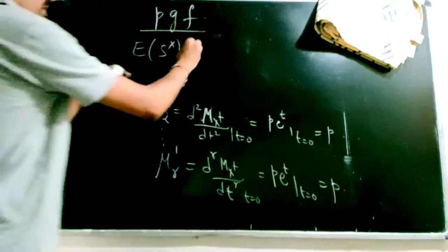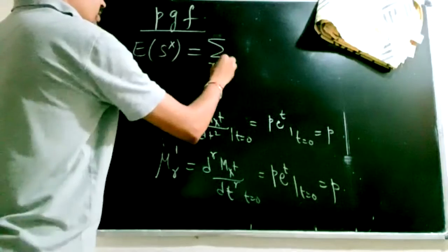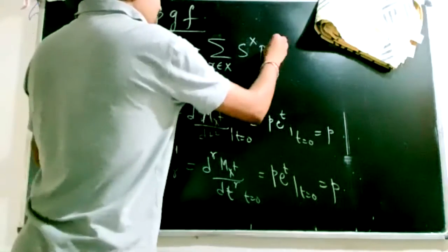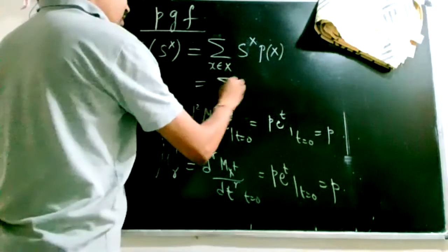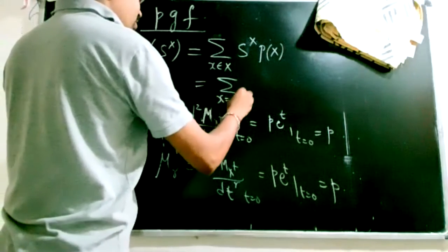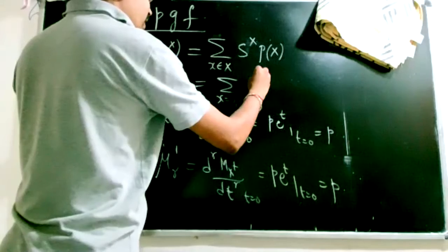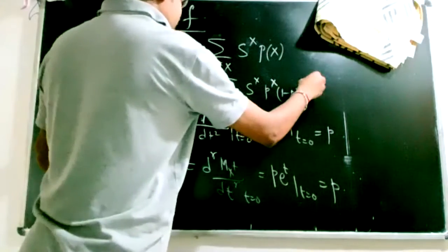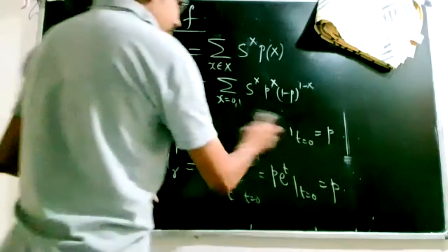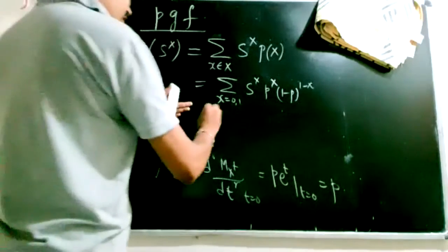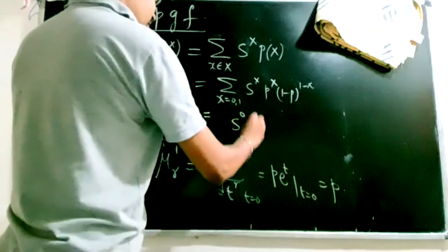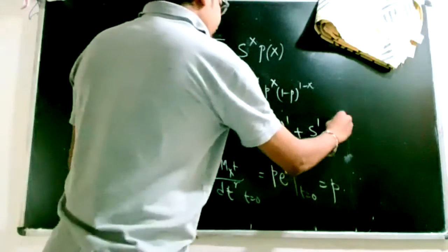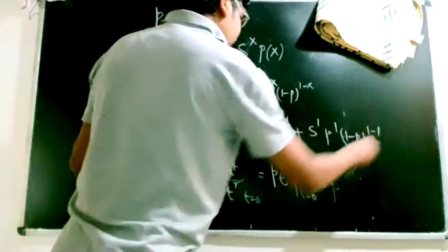It is defined as expectation of s power x, which is equal to summation over x belonging to S of s to the power of x into p x. So this will be summation x equals 0 to 1 of s to the power of x, p to the power of x, 1 minus p to the power of 1 minus x. When x is 0, you get s power 0, p power 0, 1 minus p power 1, plus s power 1, p power 1, 1 minus p power 1 minus 1.